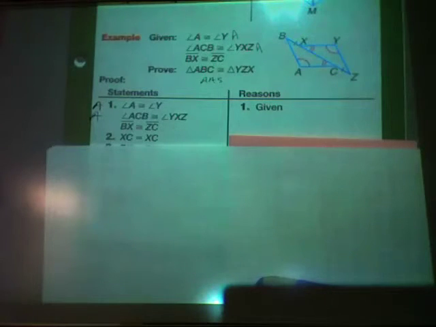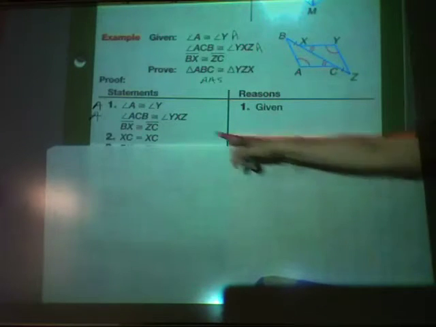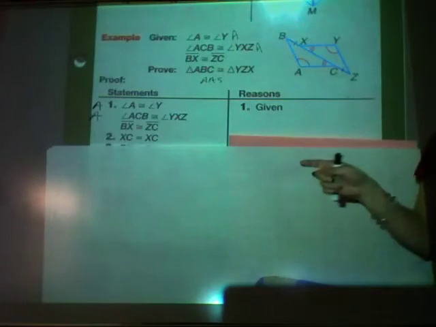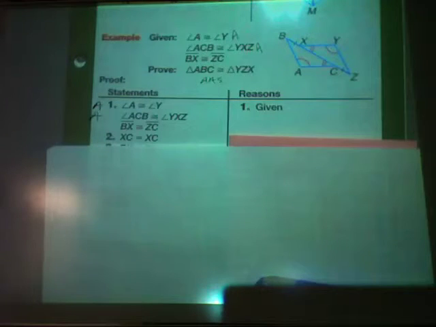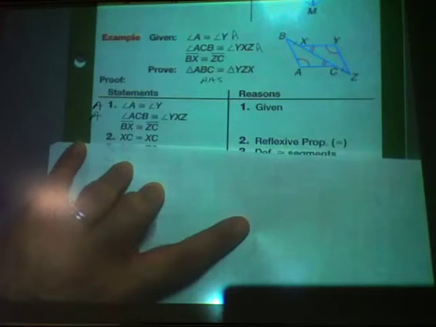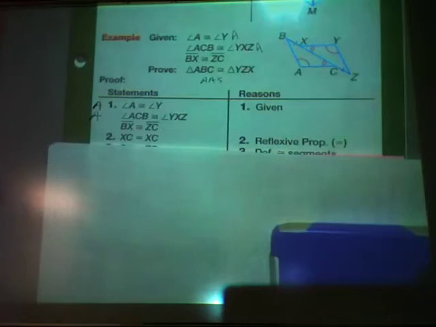Reflexive property, very good. And the reason why we're putting this into the proof is we've got to get XC into the proof and prove that it's congruent to itself, because we're going to use it in our segment addition postulate. And so our reason, reflexive property of equality, or reflexive property of congruent segments, although they didn't use segment notation here.